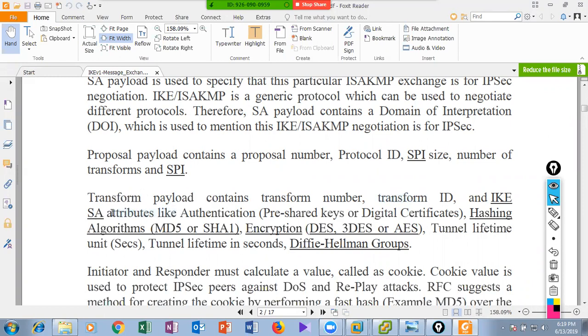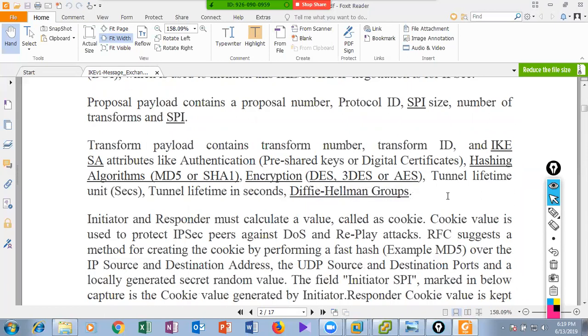From here, the important line you can see: the attributes like authentication, pre-shared key or digital certificates, hashing algorithms like MD5, SHA-1, and encryption like DES, 3DES, or AES, and tunnel lifetime, and the Diffie-Hellman group. So basically when you combine it, in the form of a haggle, all those things are being negotiated in the first message exchange.